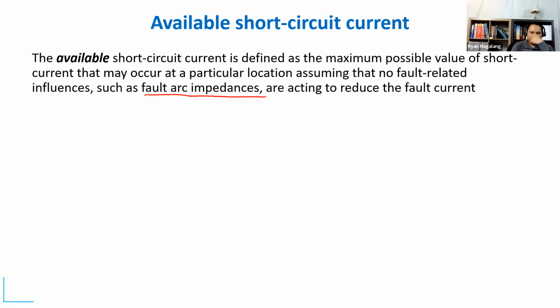So in fault analysis, we normally neglect the arc impedance, because it's very difficult, if not impossible, to tell what impedance that arc would be, because it can be influenced by any number of cases. So, just to be on the safe side, neglect the arc impedances. That's what the IEEE tells us as a recommendation to conduct the short circuit analysis.